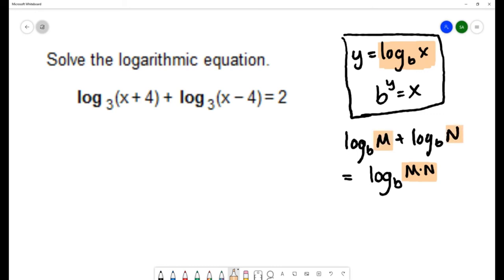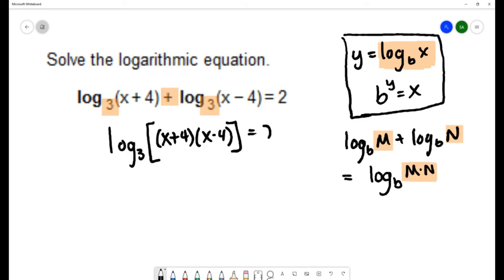So in this example, we have the sum of two logs with the same base. So we're going to be able to use that product rule for logs and write this as log base 3 of x plus 4 times x minus 4 equals 2.